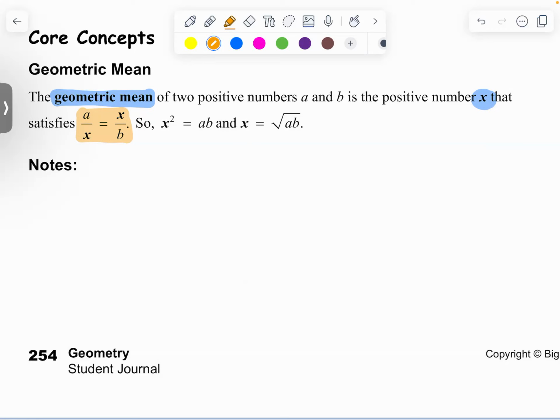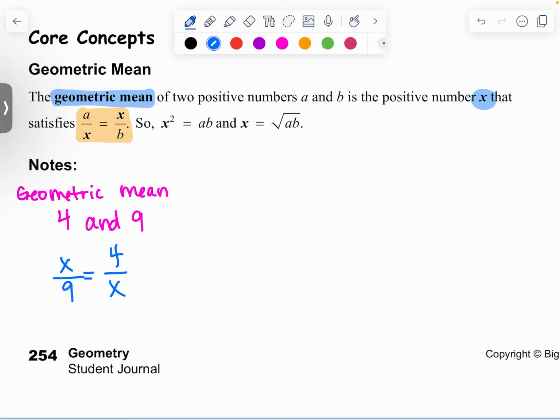So if I ask you to find the geometric mean of the numbers 4 and 9, we're going to call it X. I put X diagonal from each other in a proportion, and then 4 and 9 go in the other places.